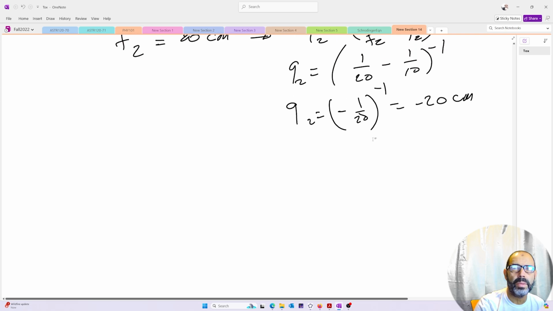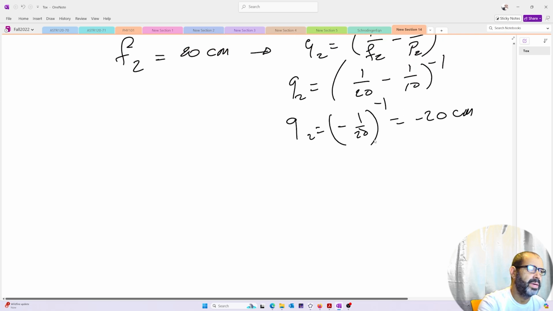Now we have that, so we can find the magnification. The magnification M in this case is going to be equal to negative Q1 over P1. That doesn't change. Negative Q2 over P2, that changes.